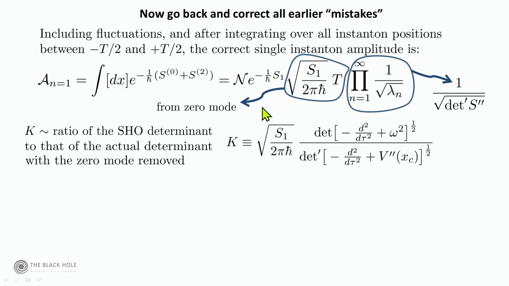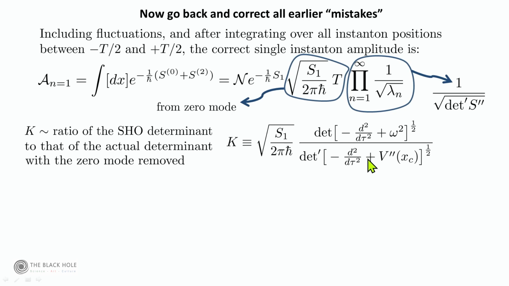Fine. So then let's define a quantity, because I'm going to define it because it'll come up again and again. So this square root of S1 over 2 pi h bar, and there's this determinant of S double prime, which is this thing. And note that I always have XC over here. Here, I want a ratio. This is just a definition, okay? But what I've done is basically use the harmonic oscillator over here.